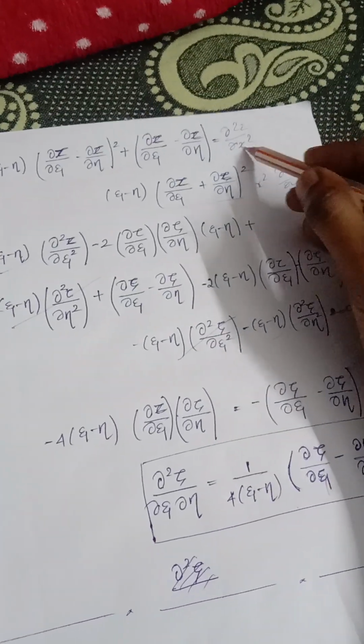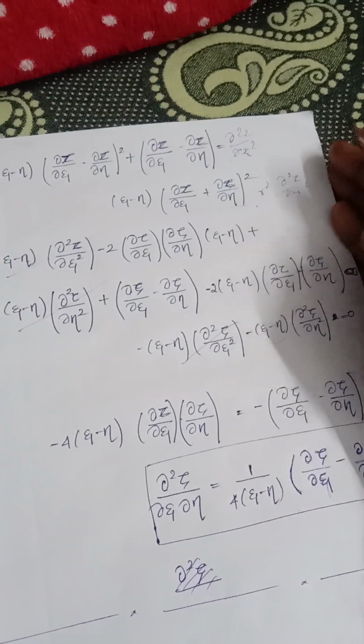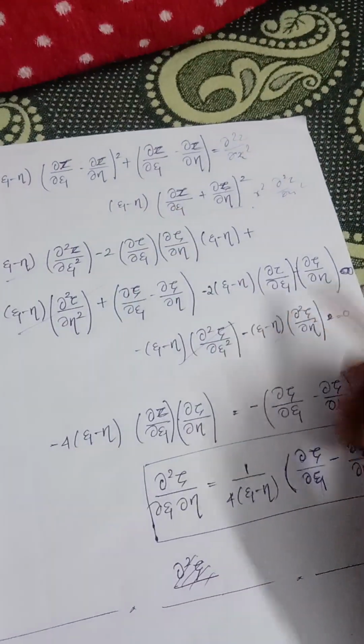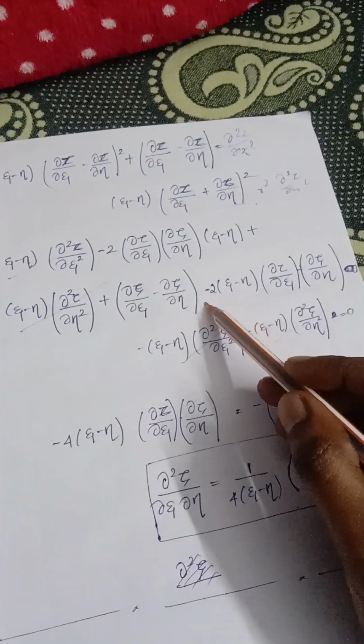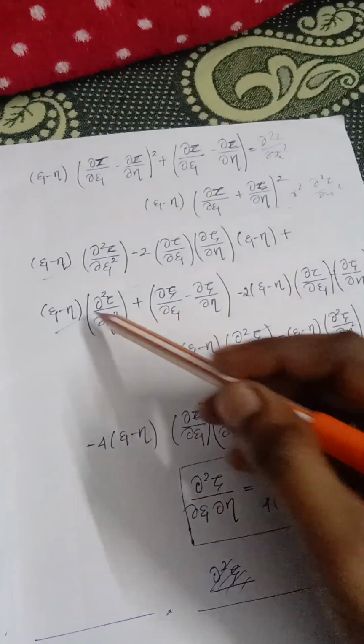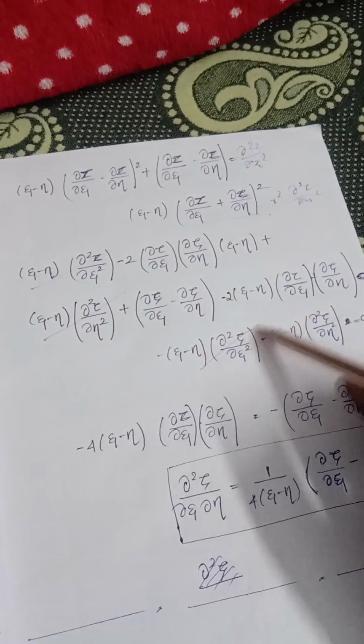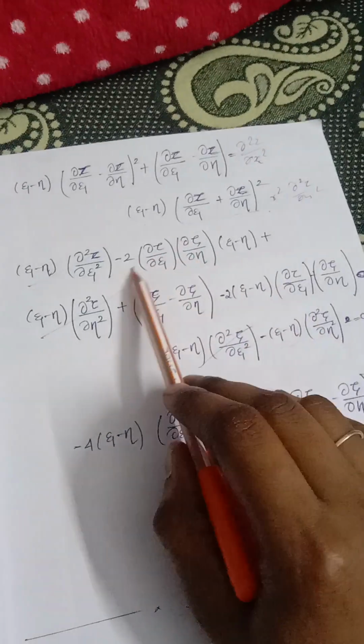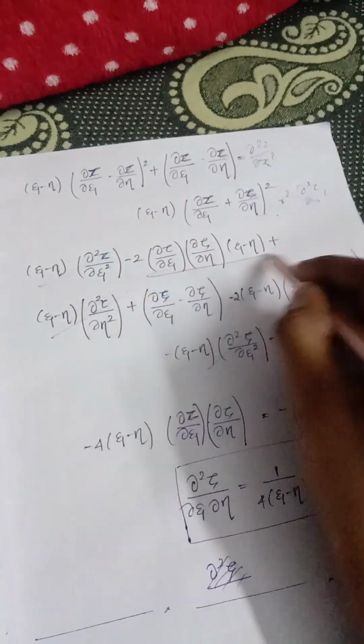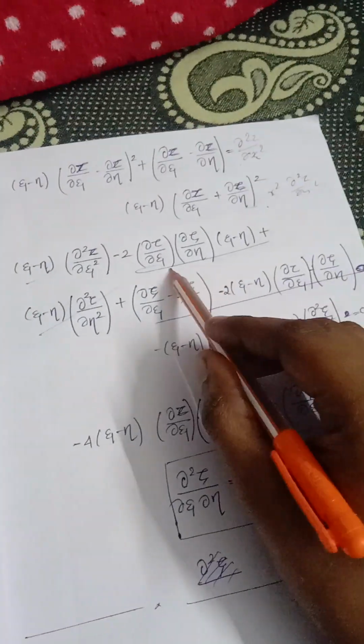Equating this side, we take the values to this side and get the terms with a minus sign. The opposite values get cancelled, and the remaining values are this term and this term.